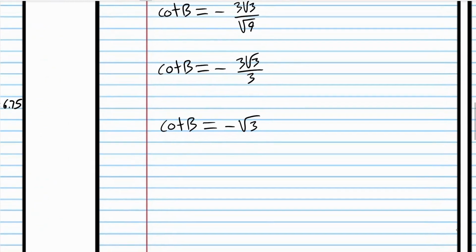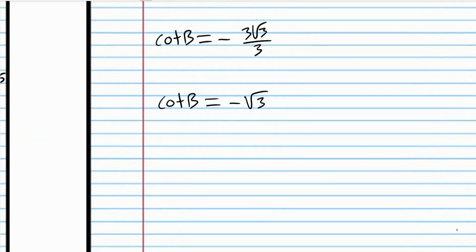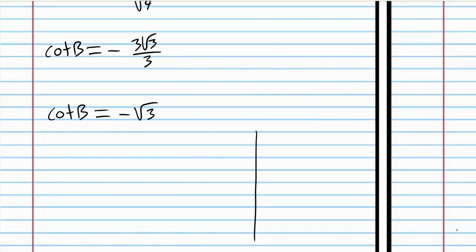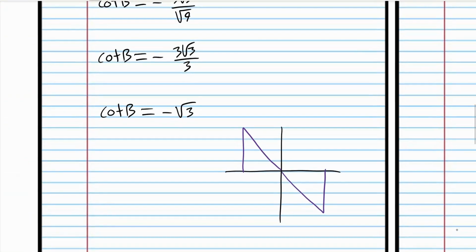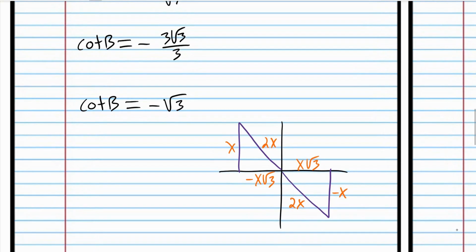It's x root 3 over x, and cotangent is negative in the second and fourth quadrants, and cotangent is the adjacent side divided by the opposite side. And the angle opposite x is always 30 degrees, so we have a 30-degree reference angle.